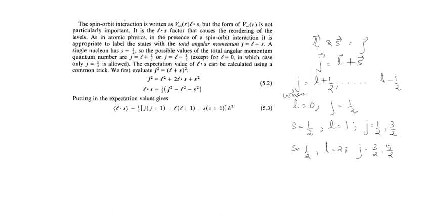The level corresponding to L equal to 1, that is a P state, would split into P1/2 and P3/2. The level corresponding to L equal to 2, the D state, would split into D3/2 and D5/2, etc. So every state would split into 2. If we are introducing a similar concept here, what we would like to know is where each level goes.